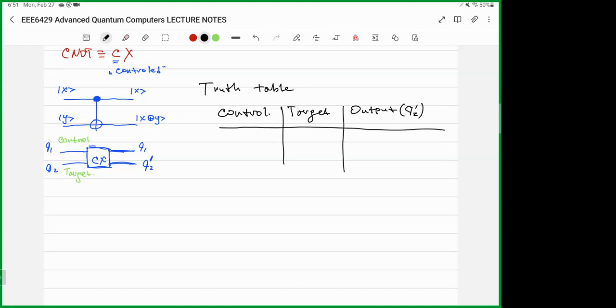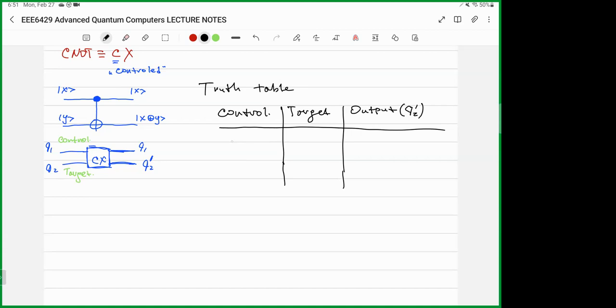No need to specify Q1 because Q1 doesn't change, but Q2, the second qubit, the target qubit, changes.